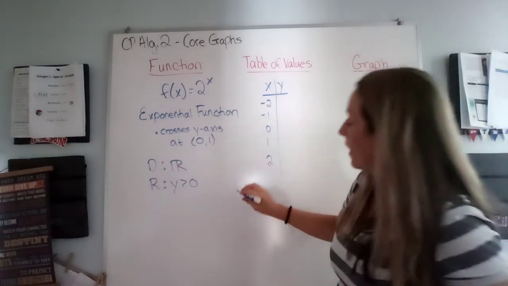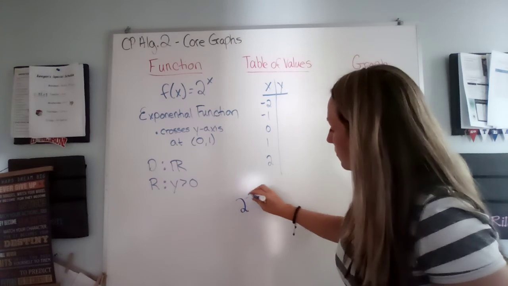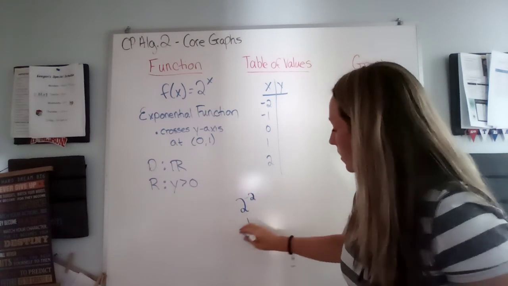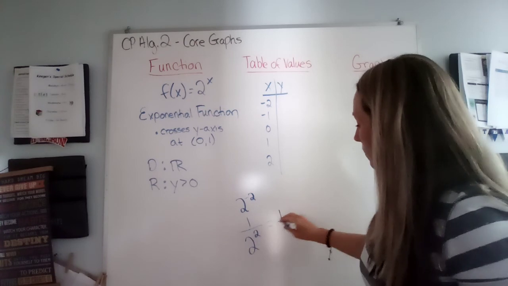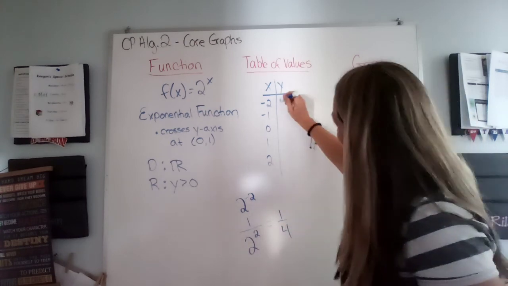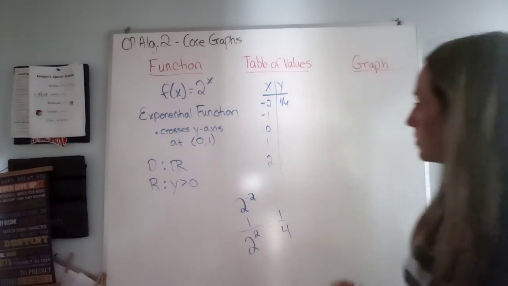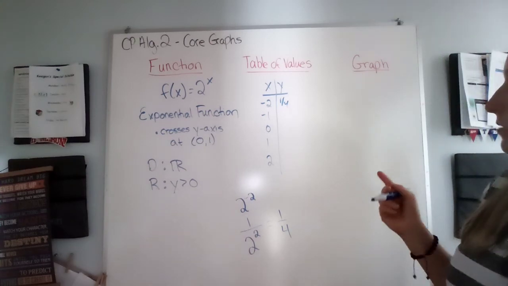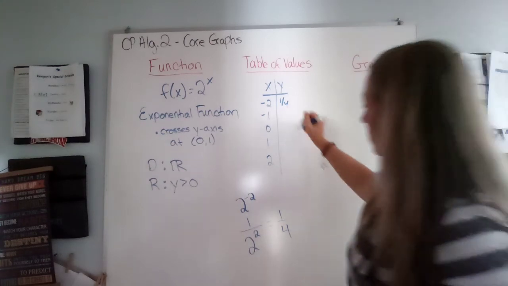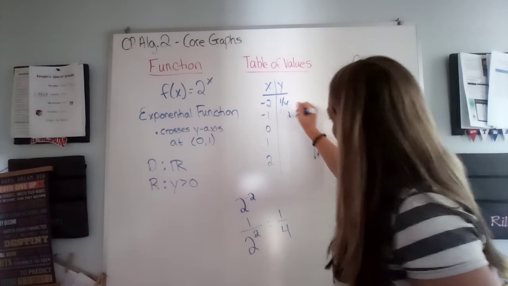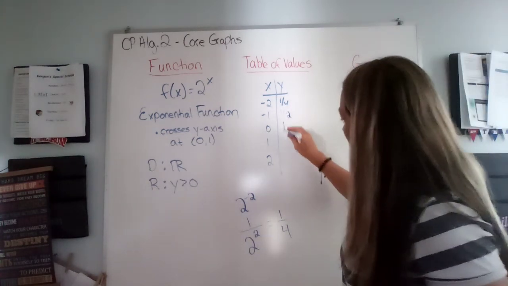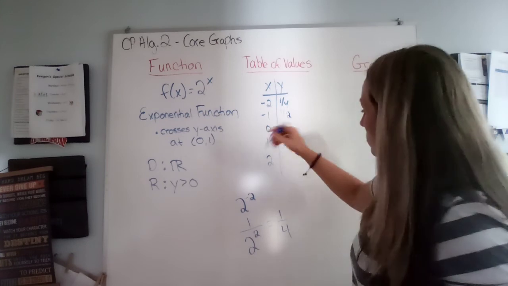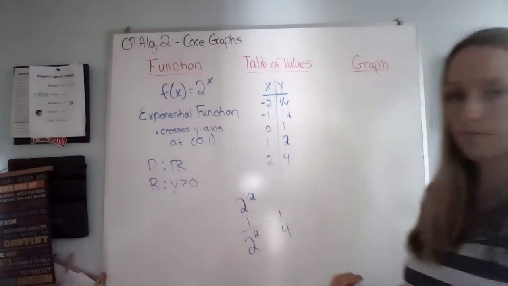All right, so if you have 2 to the -2, you're going to make that 1 over 2 to the +2, which is 1/4. Okay, so the next one would be 2 to the -1, which is 1 over 2 to the +1, which is 1/2. All right, anything raised to the 0 power is 1. 2 to the first is 2. 2 to the second is 4.